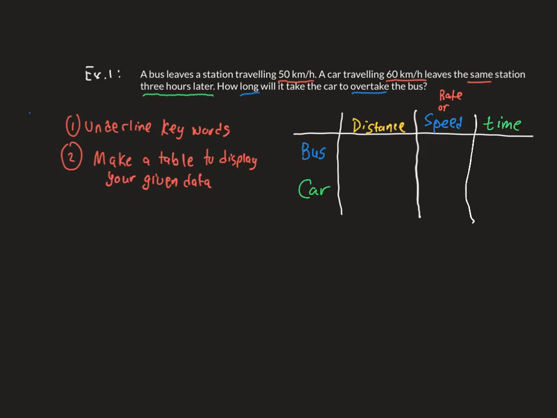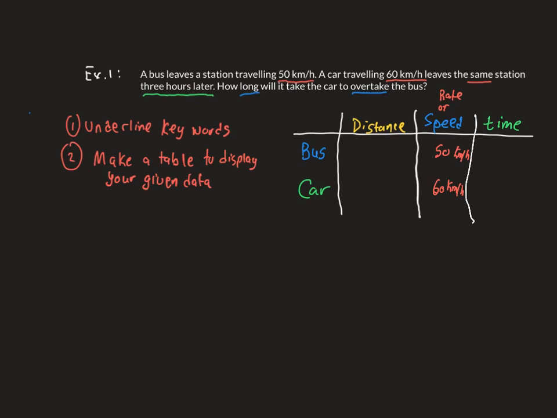Okay. Now, let's look at what we're given here. I have this thing here where it says I am leaving at 50 kilometers per hour, and so on. So I know their speeds. I know the bus moves at 50 kilometers per hour. And I know the car moves at 60 kilometers per hour.